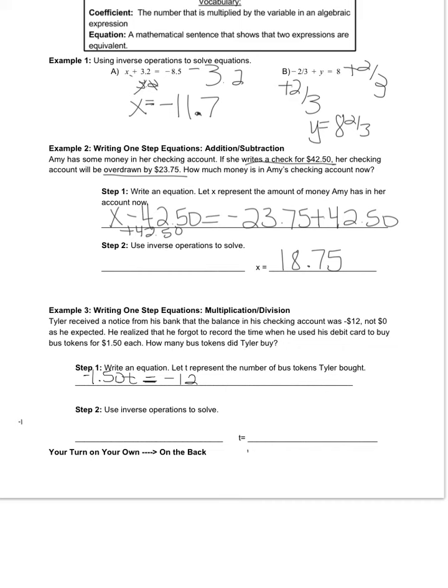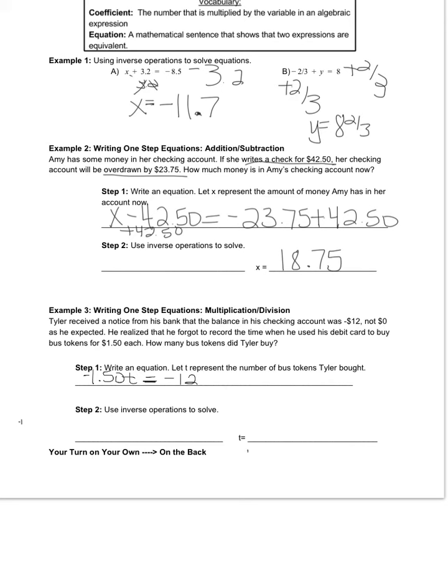And we're going to represent $1.50 with a negative because it is money that is being taken away from him. So, again, using inverse operations to solve. This equation here is negative $1.50 times t, the number of bus tokens, which equals negative 12.